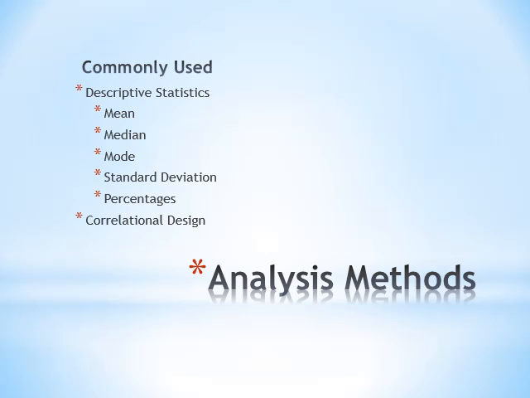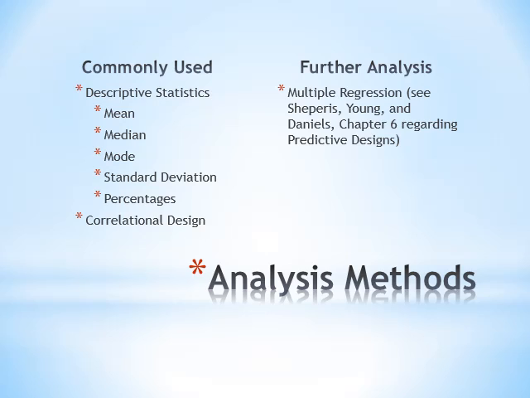Now, there are a lot of other analysis methods that are used beyond just these commonly used ones. And some of them are pretty intense. So multiple regression is one that is used within survey research, which is interesting because multiple regression is striving to find prediction. And so it's trying to find what variable is predicting change.